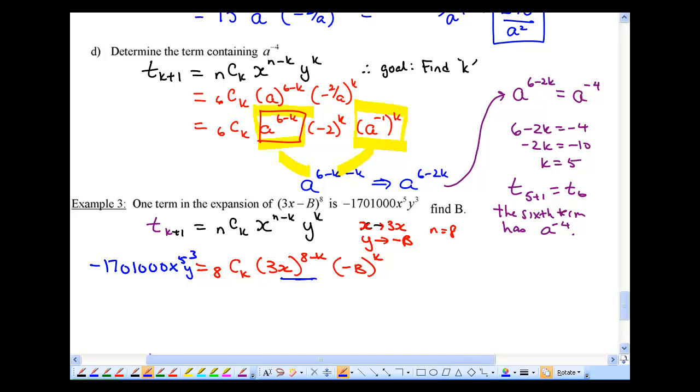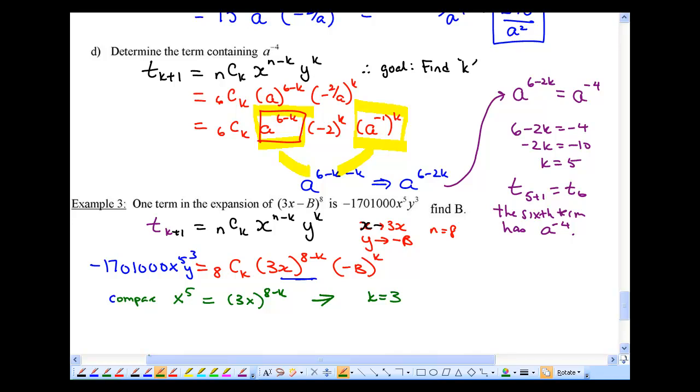Okay? So comparing the x to the power of 5s, here's what we get. On the left side, we have x to the power of 5. On the right side, we have 3x to the power of 8 minus k. I think you can conclude here that the k value must equal 3 in order for the right-hand side to be x to the power of 5.